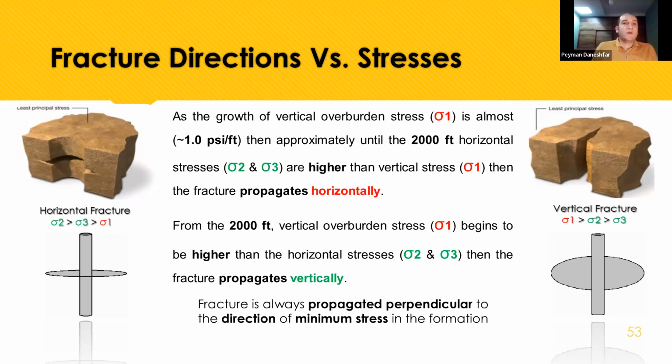When our vertical stress is bigger, our fracture will be vertical. When our vertical stress is smaller, our fracture will be horizontal. And again, the fracture is always propagated perpendicular to the direction of the minimum stress in the formation, but parallel with the maximum stress.